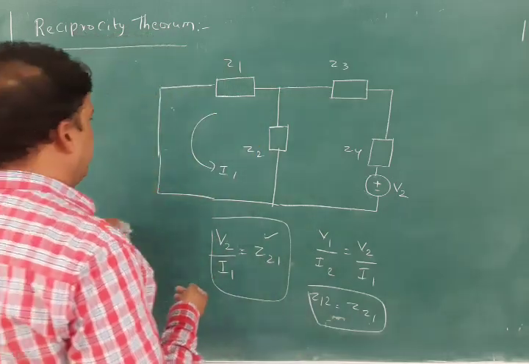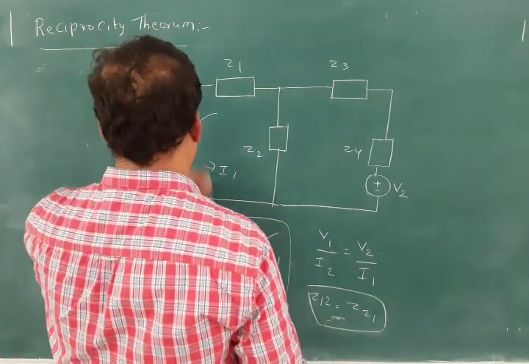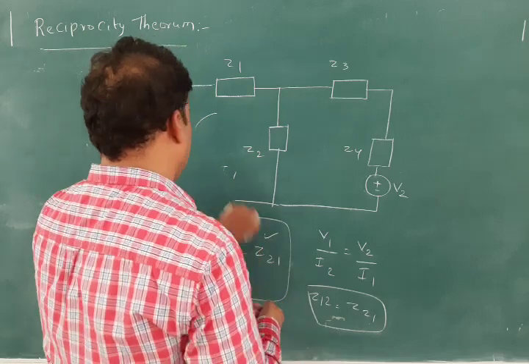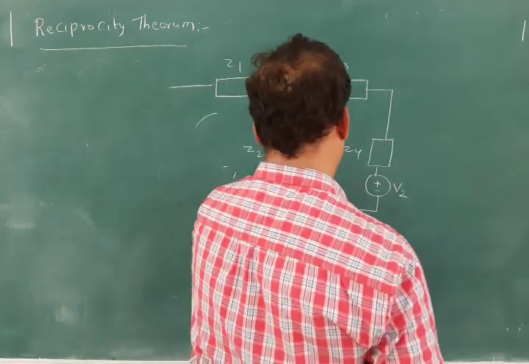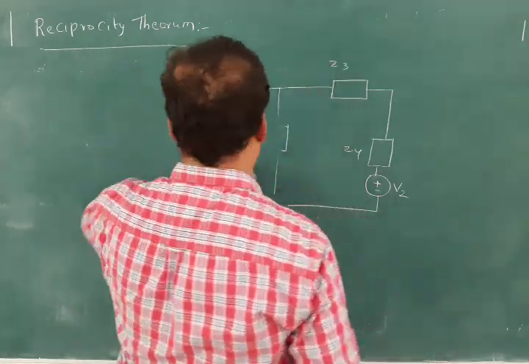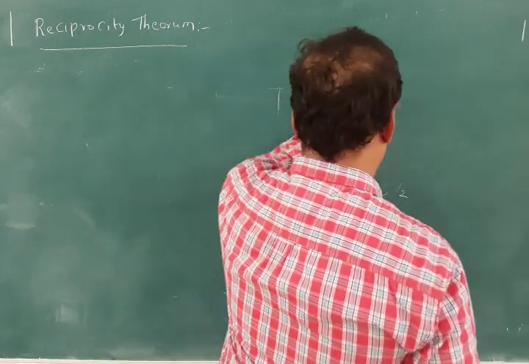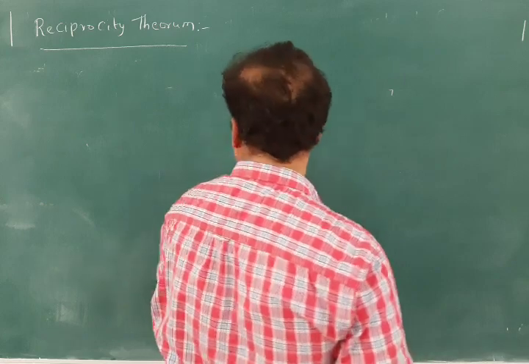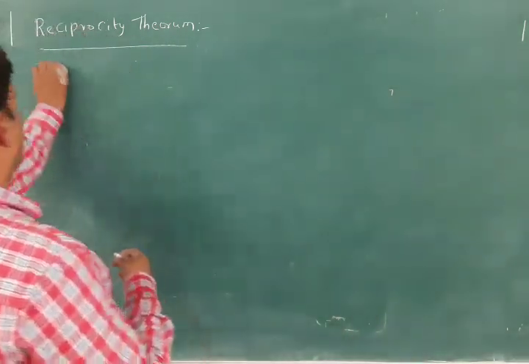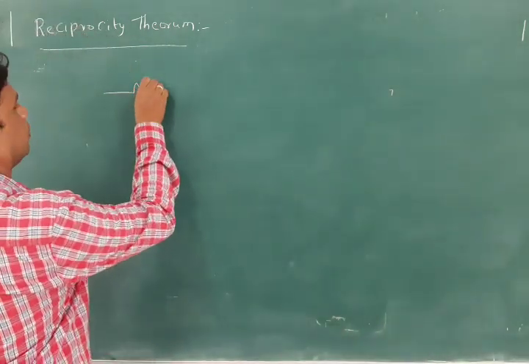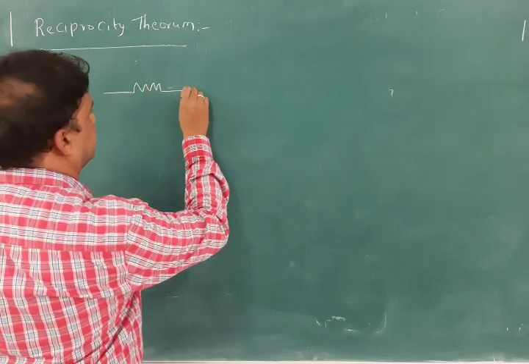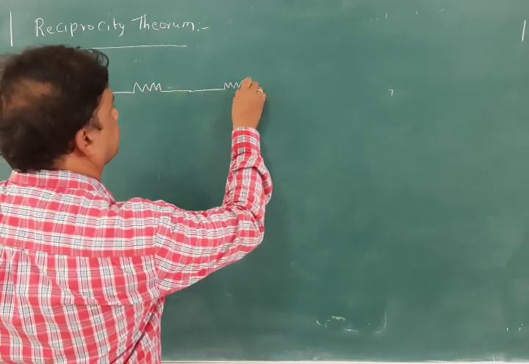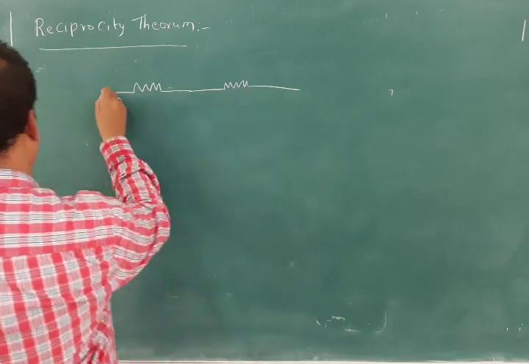So we will take one problem now. We will draw one circuit having the resistances and the voltage.